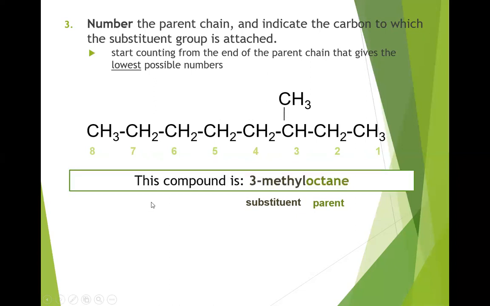So this compound is going to be called 3-methyloctane, because the branch is found on carbon number 3, the name of that substituent is methyl, and the parent chain, which is the longest carbon-to-carbon chain, is octane. So that's how we come about the name. Remember that 3-methyl is a substituent, and the parent chain is octane.